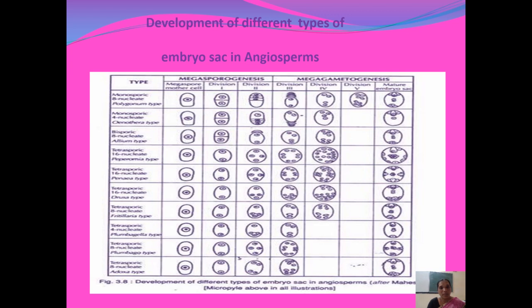And tetrasporic: the megaspore mother cell undergoes division and gives a tetrad of megaspores. In this tetrad, all four nuclei are involved in the formation of the embryo sac structure. These are the three differences between them.